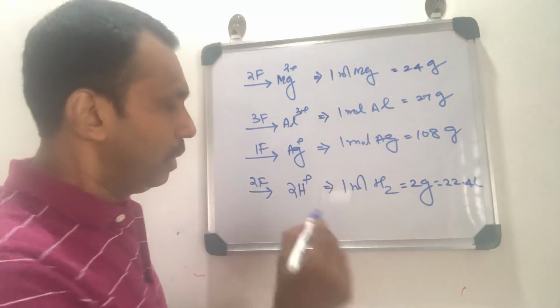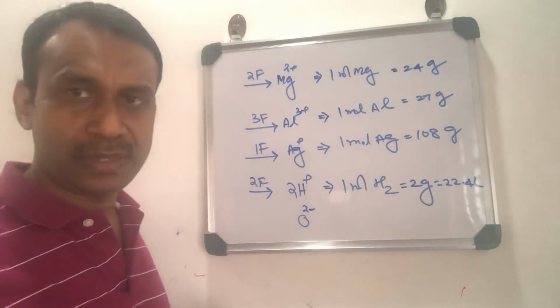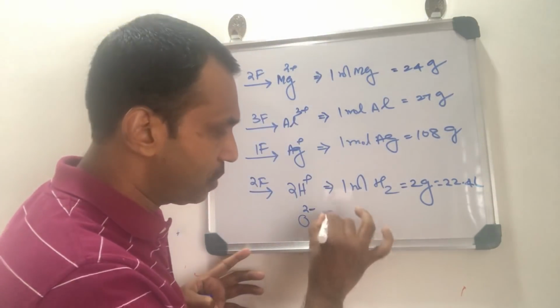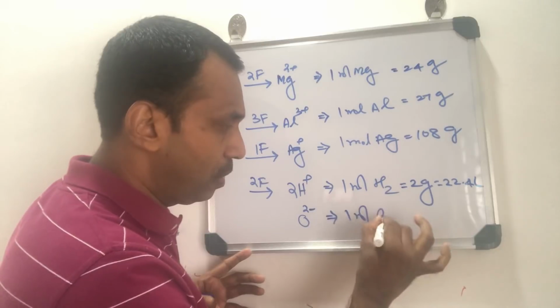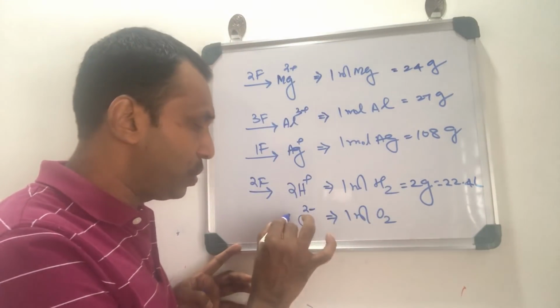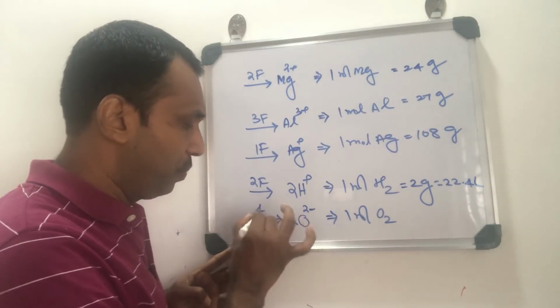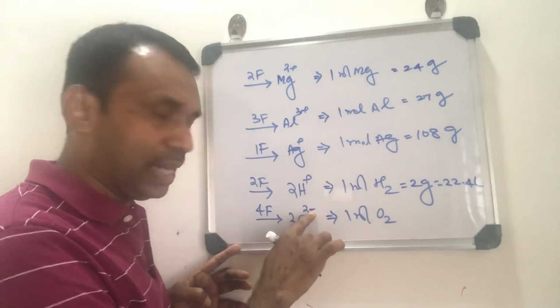Clear? Now, in case of oxygen, we know the charge of the oxide ion is 2-. Now we want to produce 1 mole O2. Here oxygen is diatomic, so I should write 2 O2-. Now it requires how many Faraday? 4 Faraday, because the total charge will be 4.